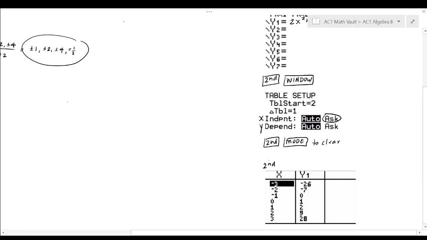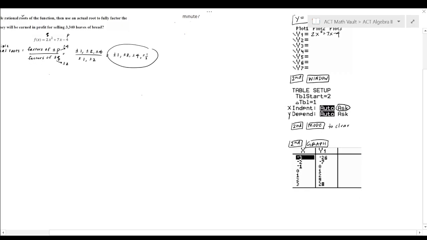Second, then graph. Okay, so what's amazing now is in this X column, I can plug in all of these numbers. I can go 1, enter, -1, enter, 2, enter, -2, enter, 4, enter, -4, enter, 0.5, enter, -0.5, enter.